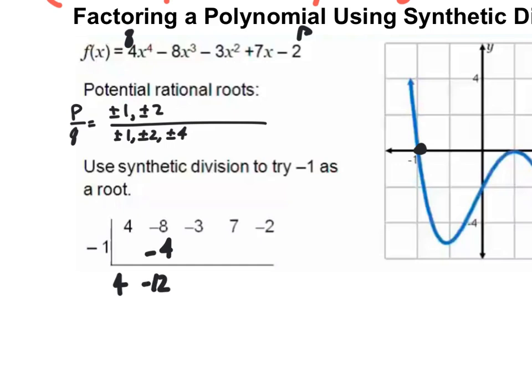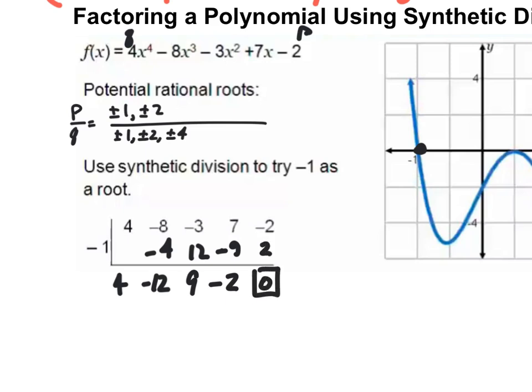Now, if I take -1 times -12, that's going to give me +12. Then -3 plus 12 gives me +9. Once I take -1 times 9, that gives me -9. So 7 plus -9 gives me -2. Then I take -1 times -2, which gives me +2, and when I add those together, I get 0.